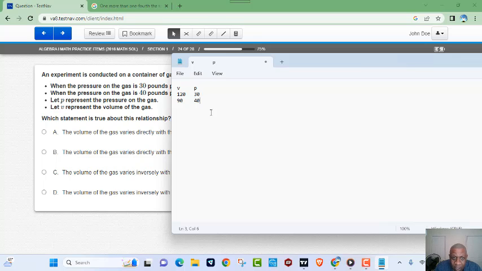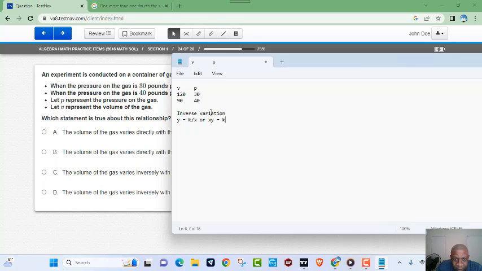Whenever we have that, we have what's known as inverse variation, because one is going opposite of the other. Inverse variation can be represented by y equals k over x, or as xy equals k.